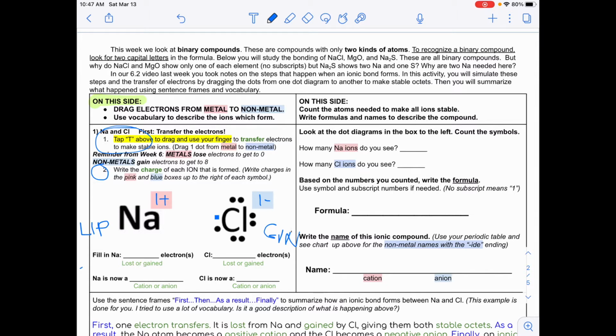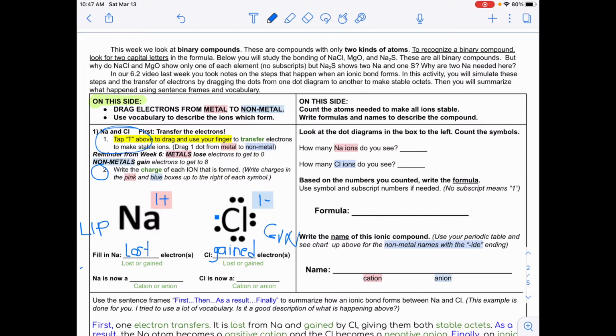Fill in Na, lost or gained electrons. We just said, when we saw it happen, it lost the electron when I moved it over there. Lost. And Cl then gained. Always one loses, one gains, and we call that a transfer.